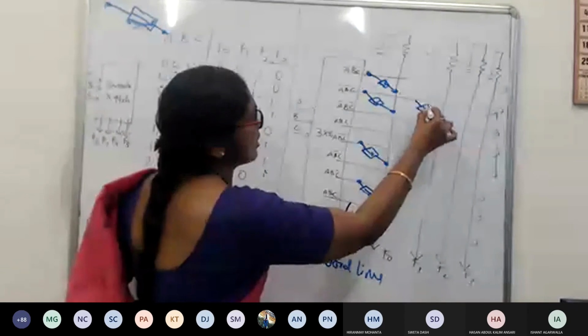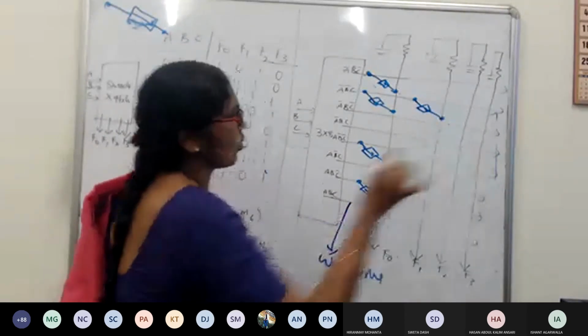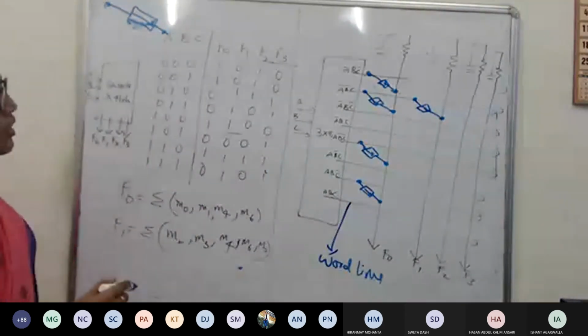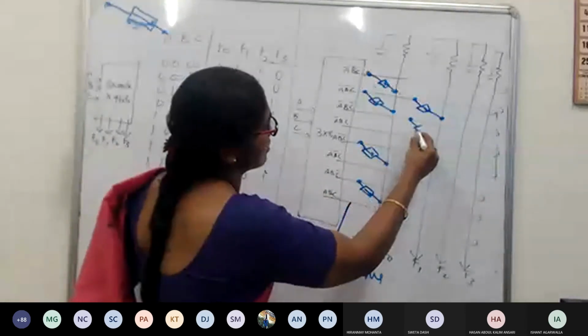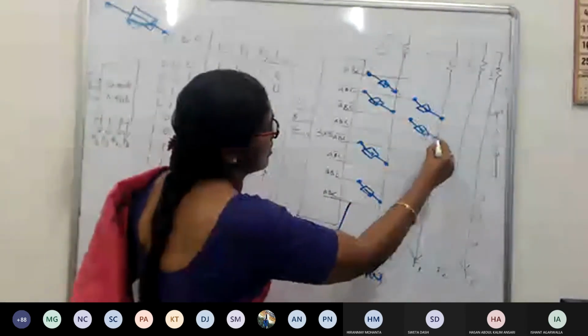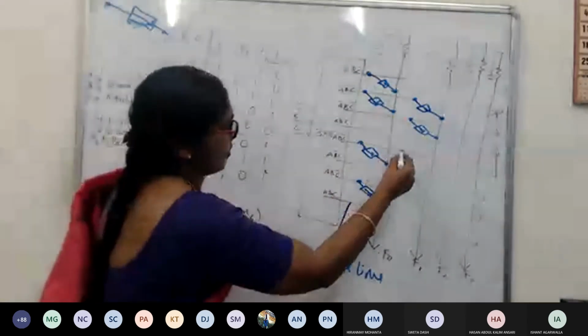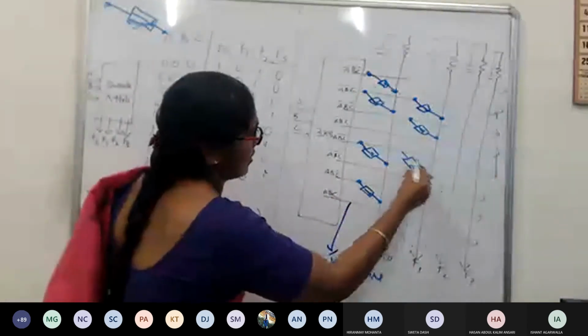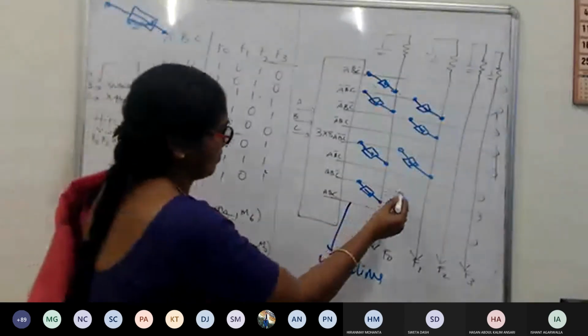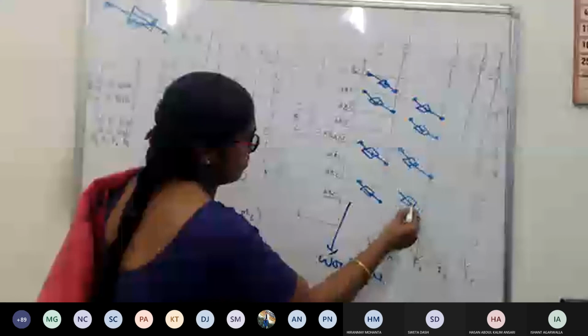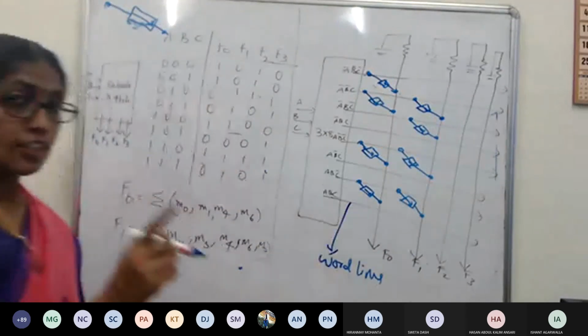Then M3 is there. So please make sure the drawing is correctly done. M3 is this. Right? Then afterwards, M4. Then M6. Did you observe?